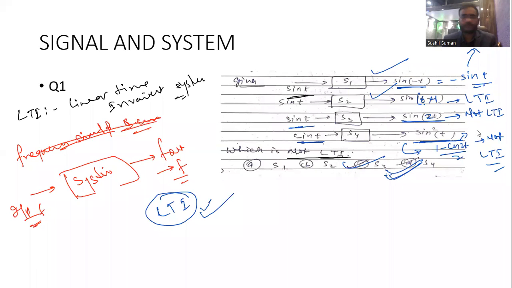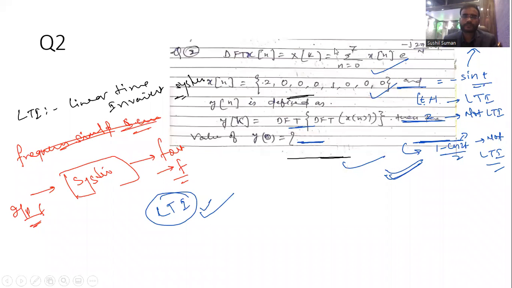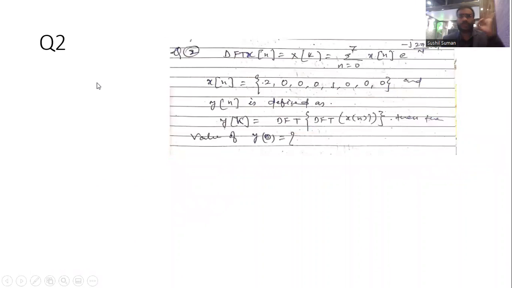Now this is one of the best questions on the DFT. Here, as you know, x of n has the DFT X of k.